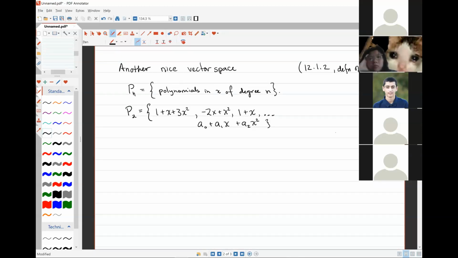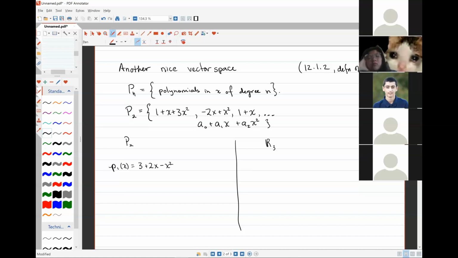Now, I think that one of the best ways to kind of get your head around what this is and why it's a vector space is to just compare it to what we already know of as vector spaces. So I want to compare P2 to R3. So like, say something like P1 of x equals 3 plus 2x minus x squared.